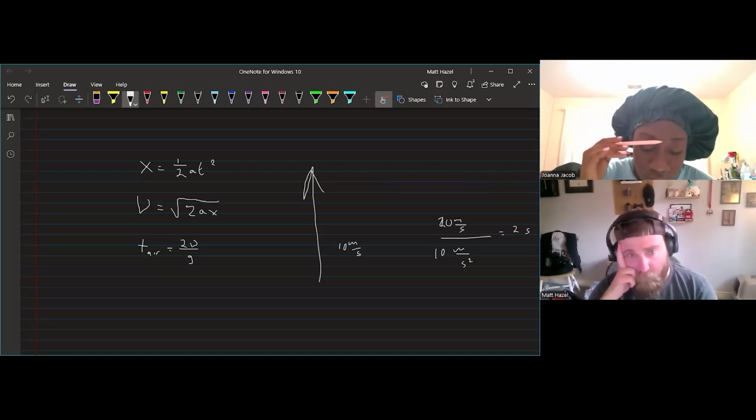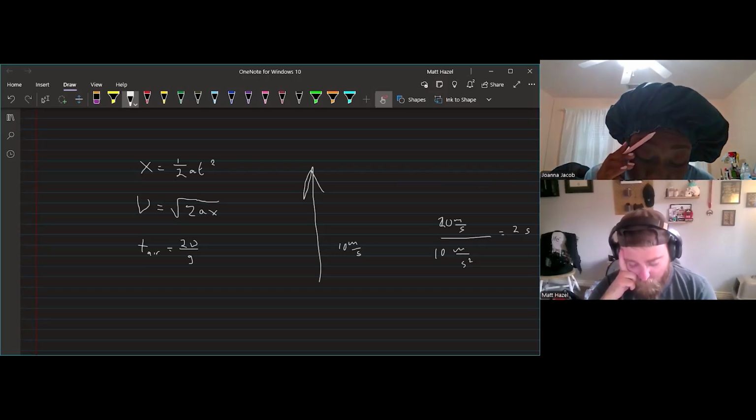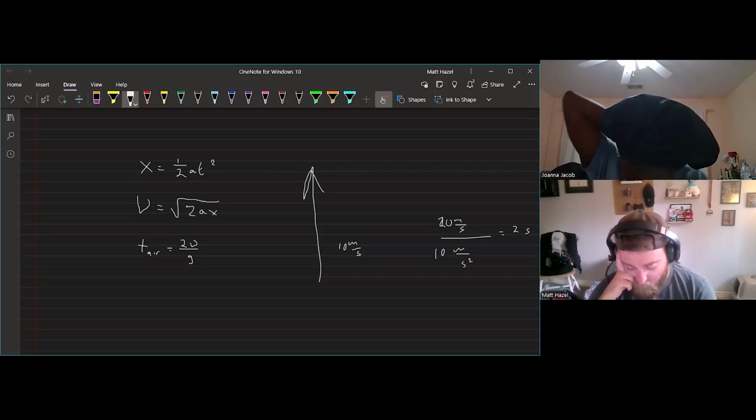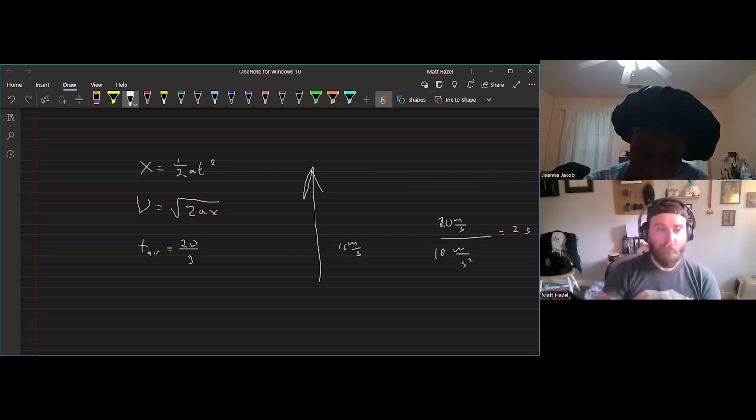And then we did another one where we just solved a regular kinematic equation searching for distance. We had V initial, we didn't have V final, but we had acceleration and time. So basically the equation you have, and we just measured for distance.